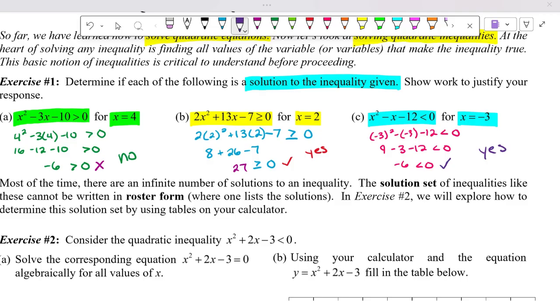So, oh wait, no. No, it's not. All right, so yeah, it is no, because this will be 12 minus 12, so 0 cannot be less than itself. If it had equal to, then yeah, it would be true.